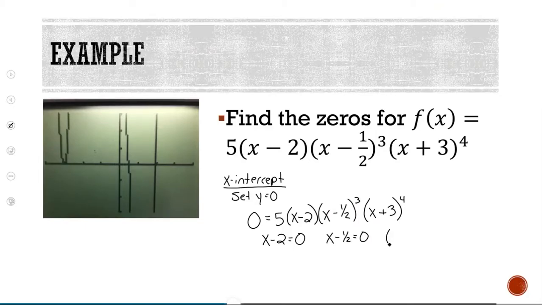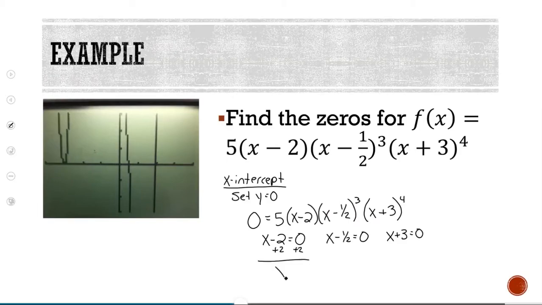Take the x plus 3. Set it equal to 0. All right, now I'm going to ignore the 5 in the front because there's no way that 5 can equal 0. All right, so it's just kind of like an extra number there. Okay, so what are we going to get? Solve them. So I'm going to add 2 here.